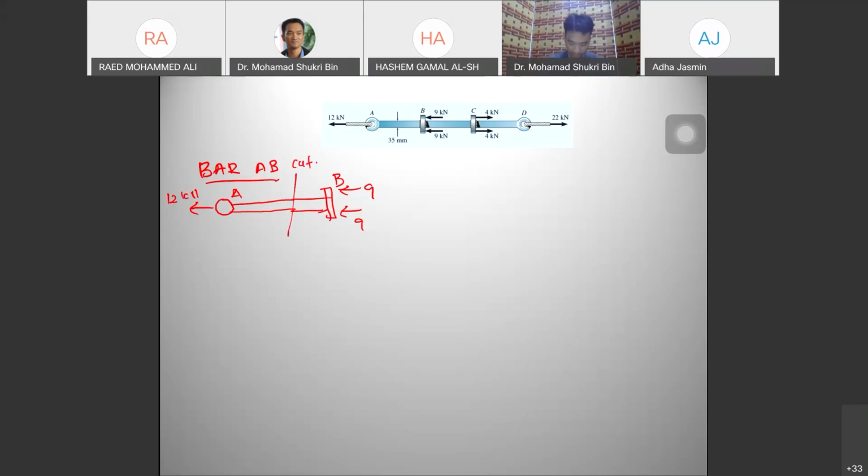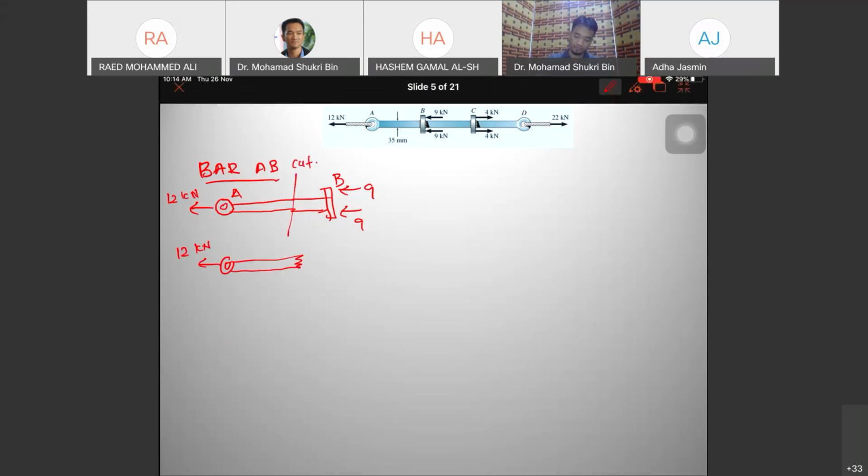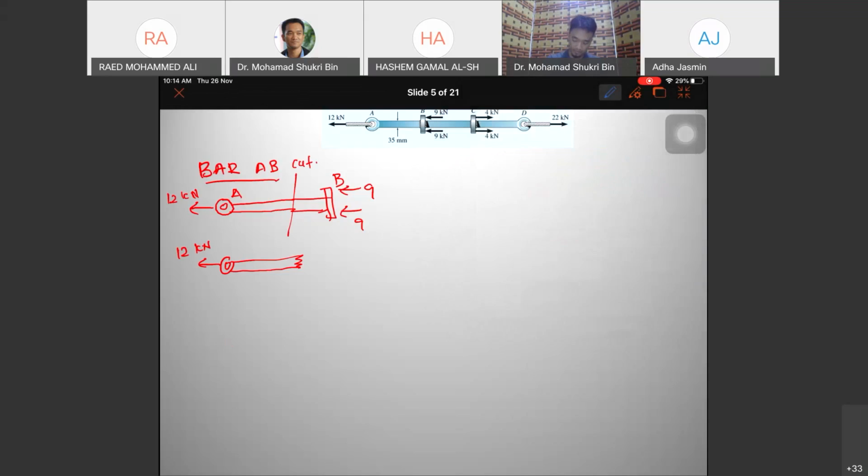Bila kita potong, when we cut, it is left with 12 kilonewton, and you cut this one. So you need to identify the internal force. So the internal force is basically how much?